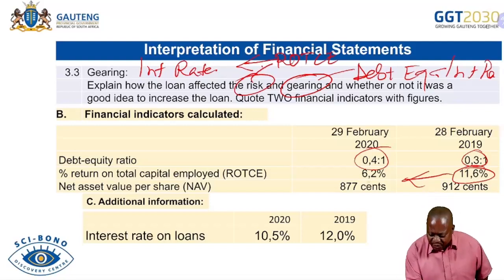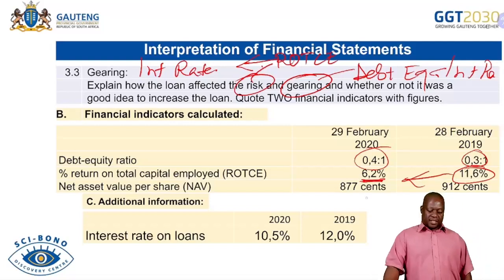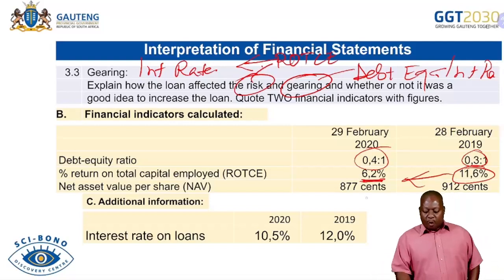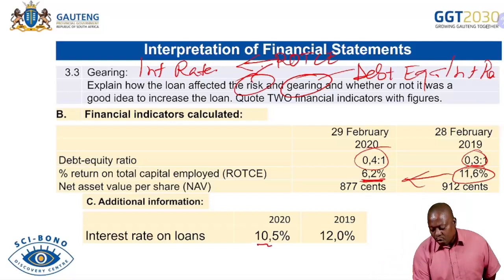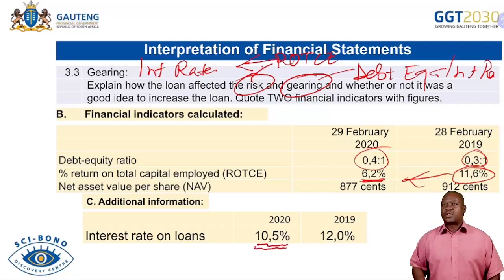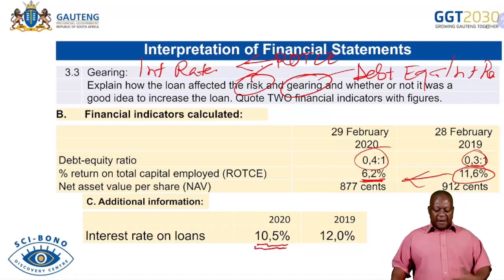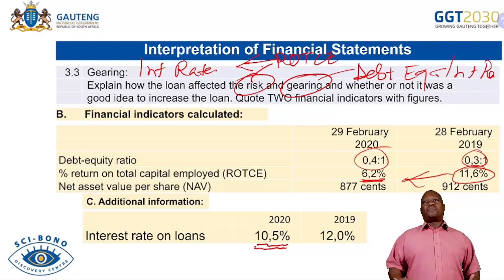Now, let's check here. 6.2, it means that's the return that we are expecting. But what is the cost of capital? The cost of borrowing. The cost of being financed from loan is 10.5. Is this a good time to borrow?